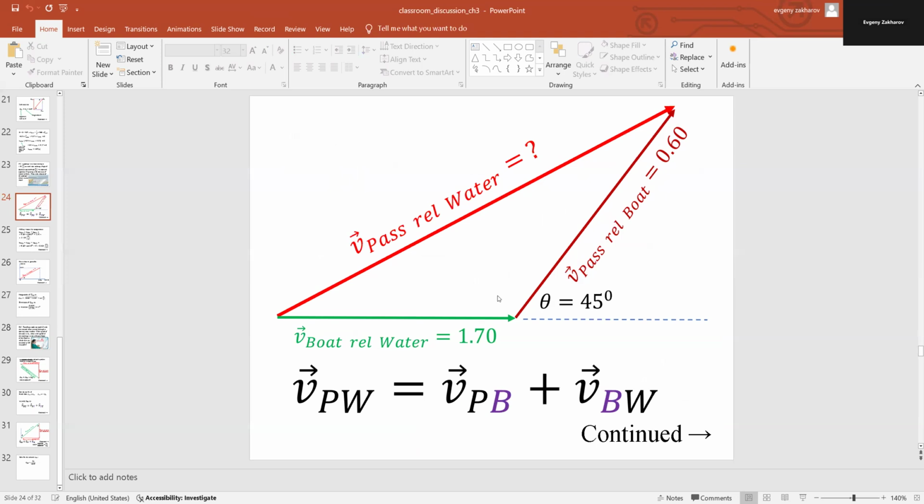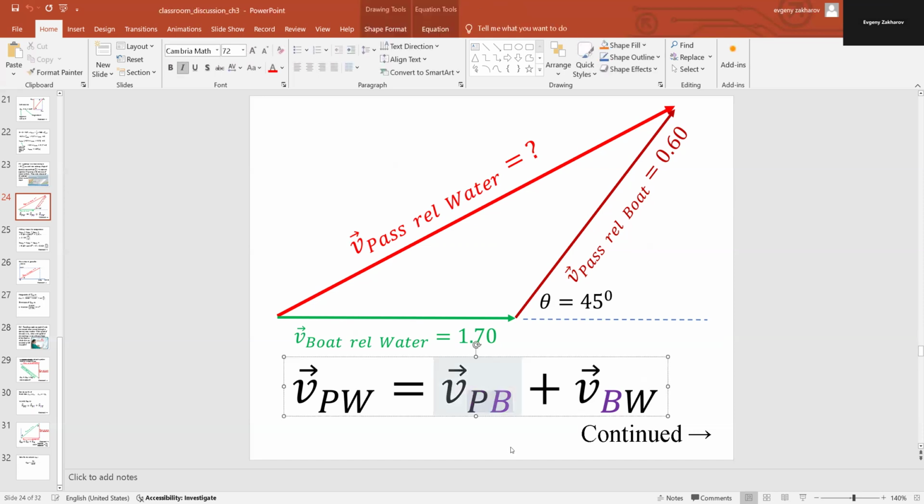And as you can already guess, we are to find the vector sum between BW and PB. Passenger P with respect to the boat, so PB, and BW, that's what's given. And we're looking for PW. We're looking for passenger with respect to the water, passenger relative to the water.